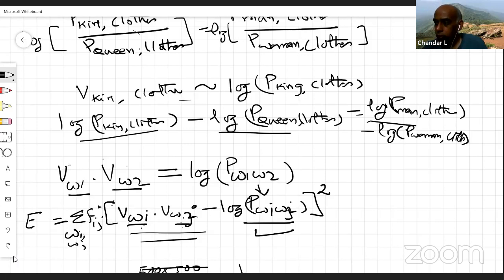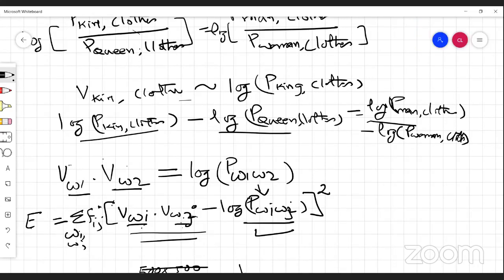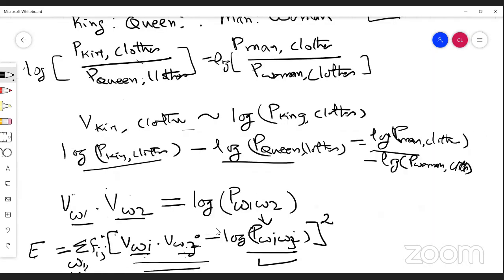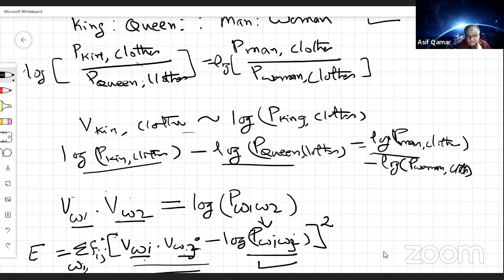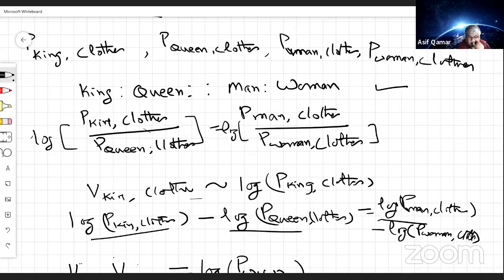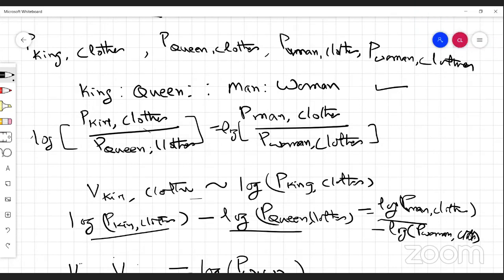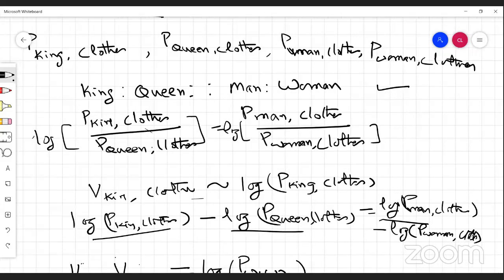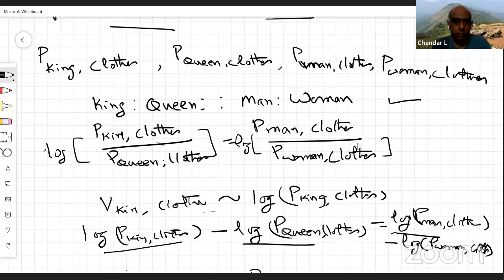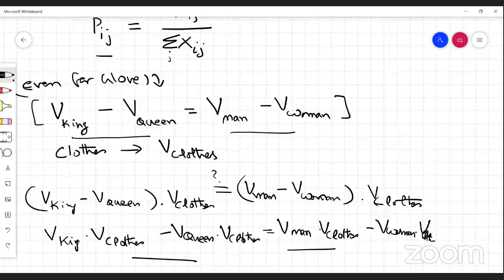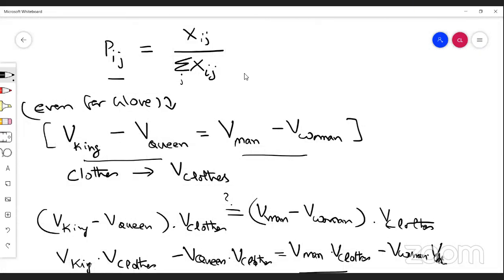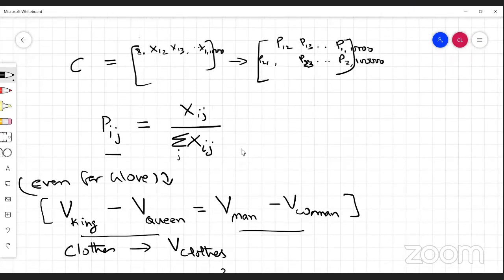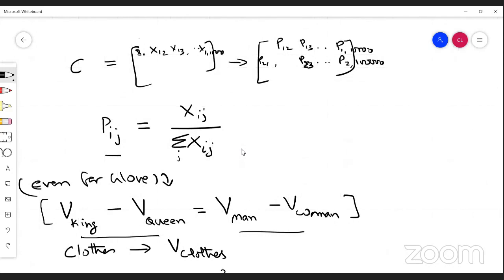P_ij is equal to X_ij over the sum for every k in the bottom.